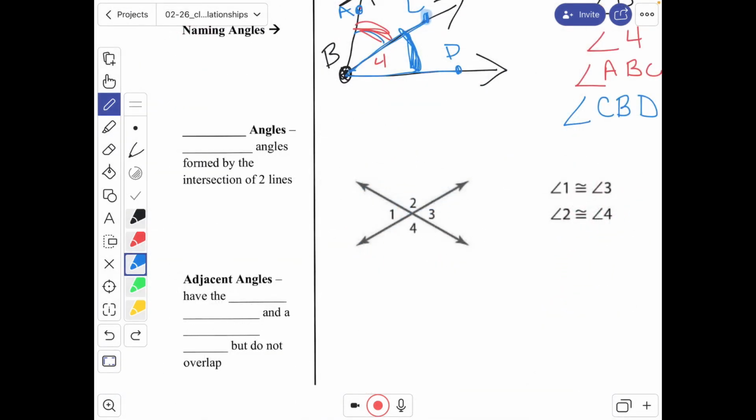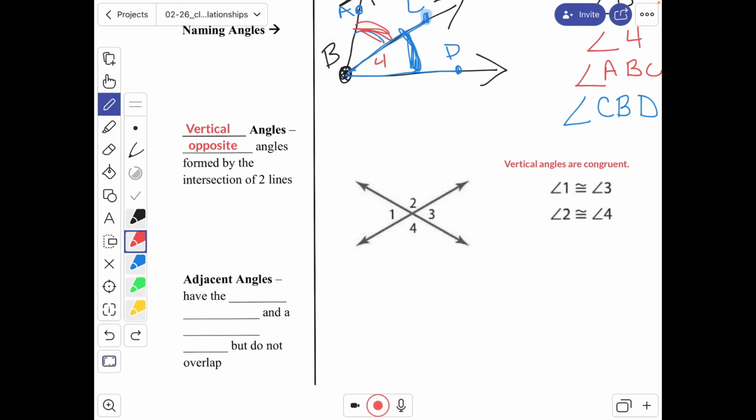Our next vocabulary word is vertical. Vertical angles are angles that are opposite, and they are formed by 2 intersecting lines, like we have here on the right. And the angles are across from each other, or opposite each other. Those angles are congruent.